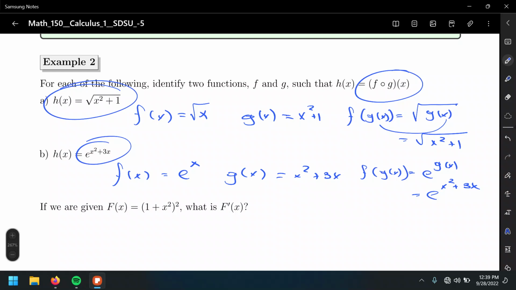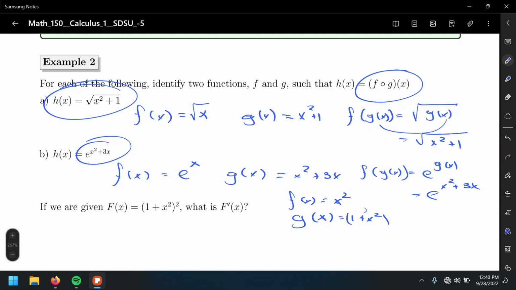Alright guys, so let's move to the calculus of composition functions. What if we want to find the derivative of f of x equals the quantity 1 plus x squared, squared? In this case, this is a composition function: f of x equals x squared and g of x equals 1 plus x squared.